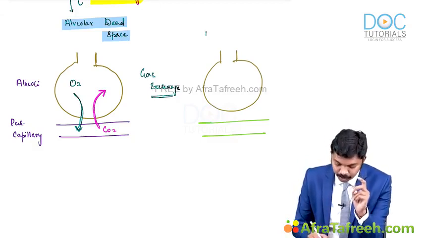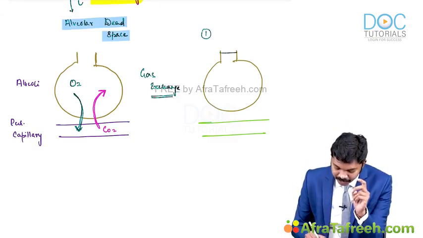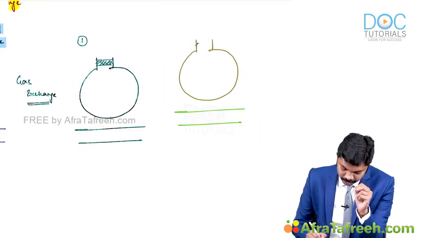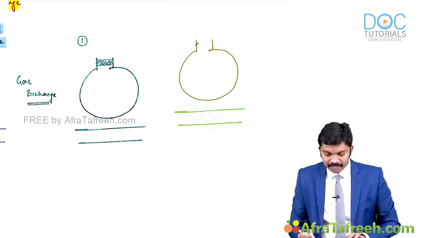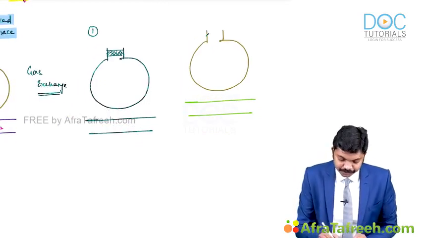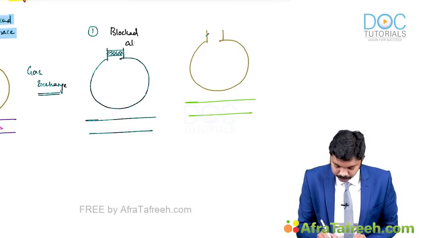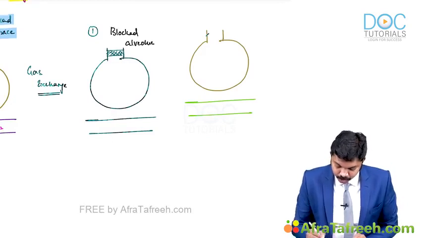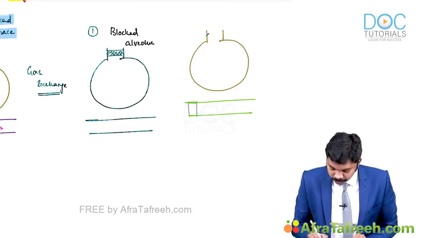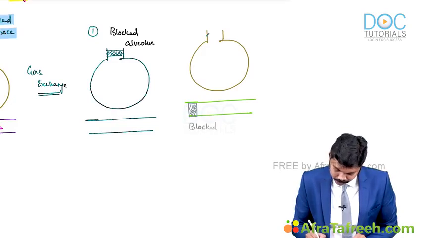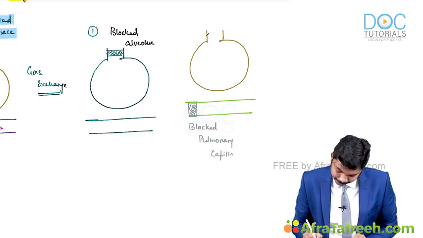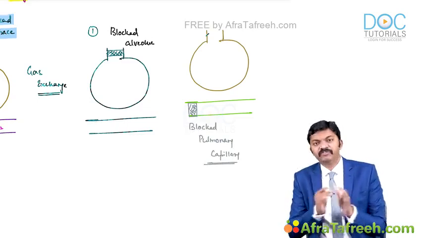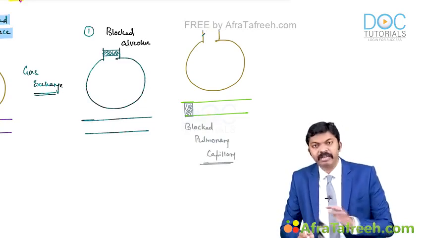In example number 1, I have a blockage of the alveolus. In example number 2, the alveolus is functioning well, whereas the pulmonary capillary is blocked. Two different conditions with two different manifestations.